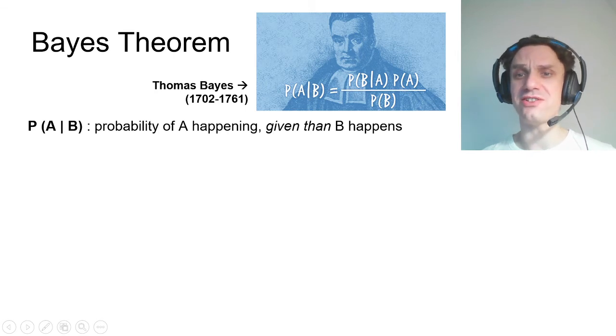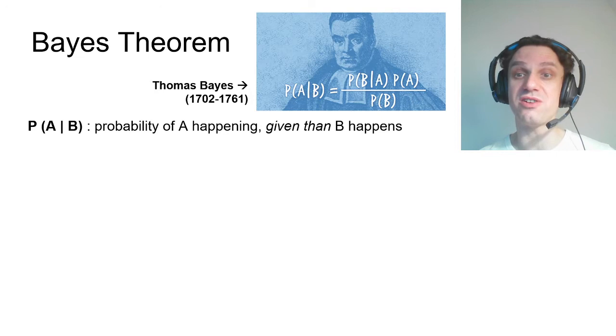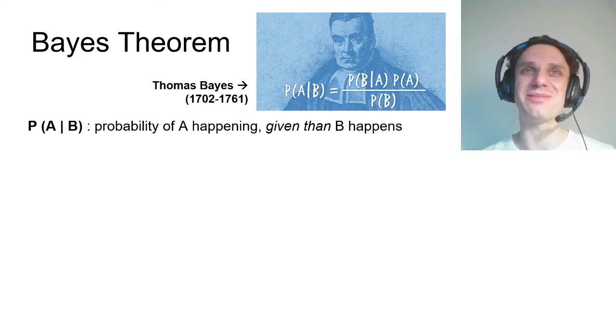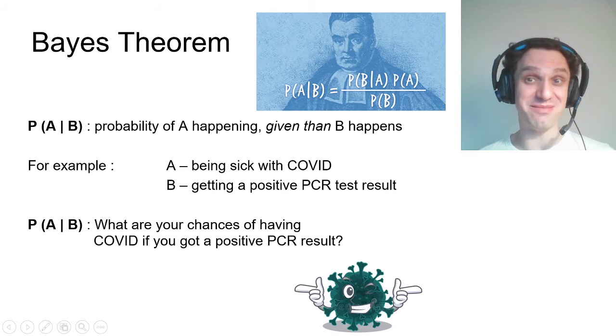Now, I'm not going to explain Bayes' theorem in much detail because there is a lot of information on that, and also because it's tricky to explain in just a couple of words. But just to give you a very hands-on practical example of how it can be applied.